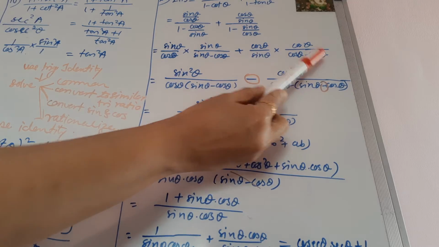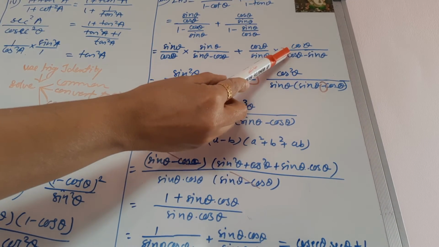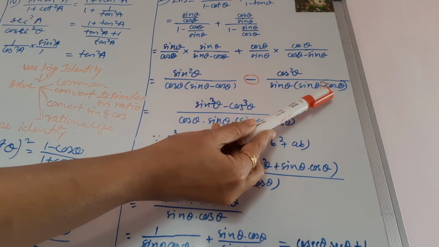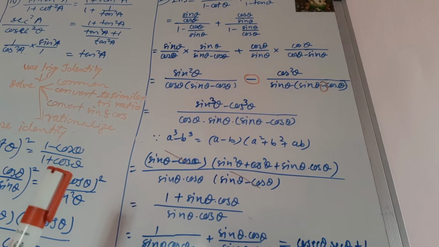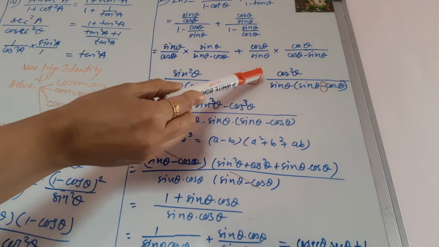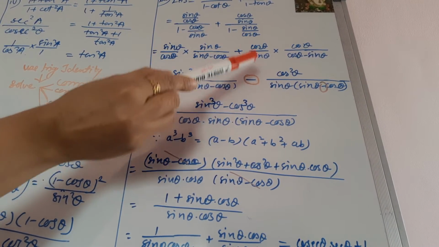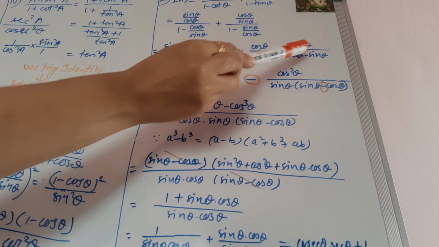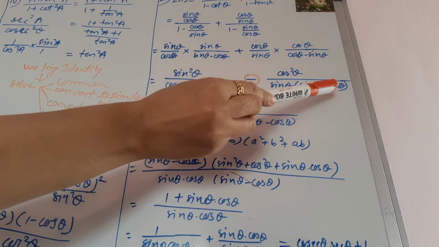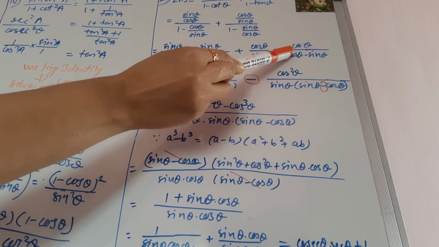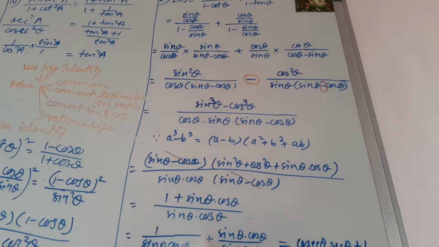So to change this sign, we have taken cos theta negative and sine theta positive. It means we have multiplied by minus 1. Multiplying numerator and denominator by minus 1, we will get this step. Instead of plus we get negative here, instead of negative we get plus here, and instead of positive we get minus here.